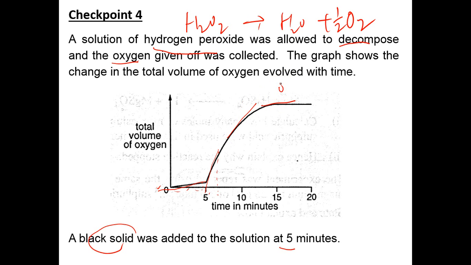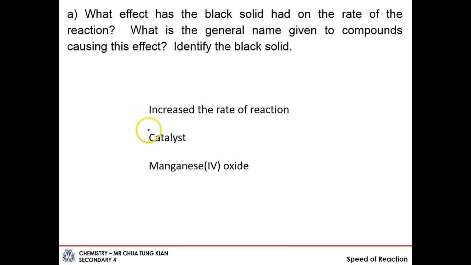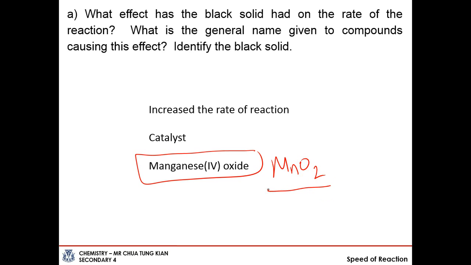So what is the black solid that was added to the solution at 5 minutes? This is a catalyst. And what is the catalyst? It is manganese(IV) oxide, MnO2. This is a very common catalyst for the decomposition of hydrogen peroxide into water and oxygen.